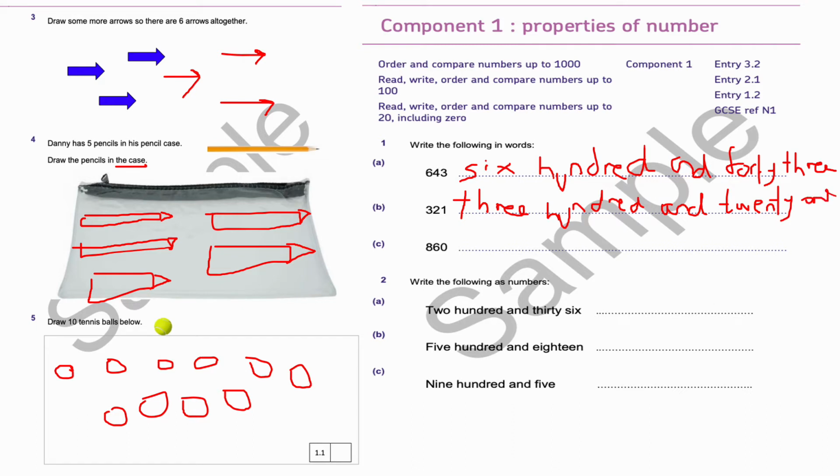The last one is 860. So 8 is spelled E-I-G-H-T. And 60.